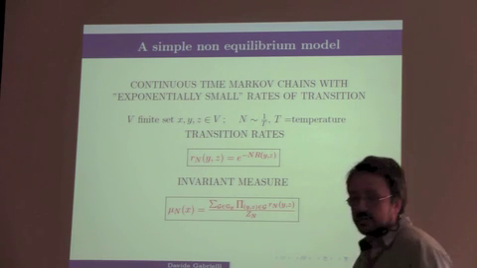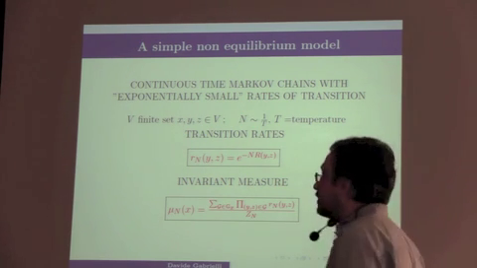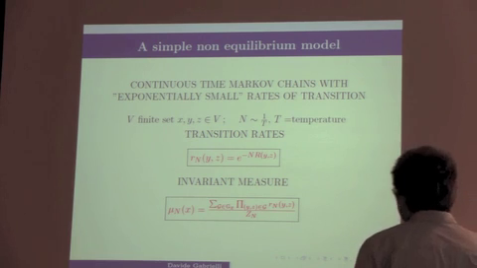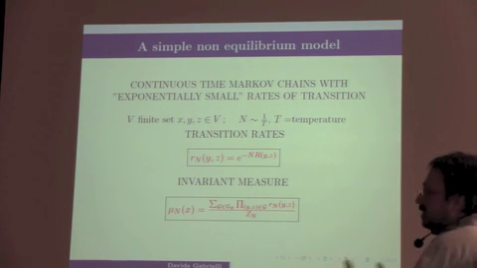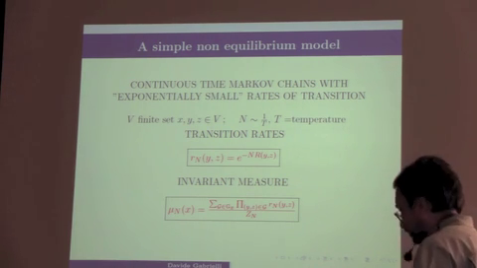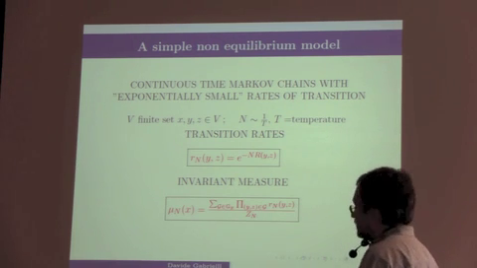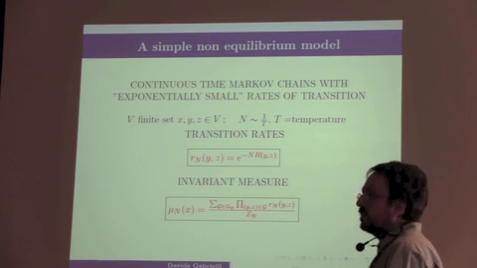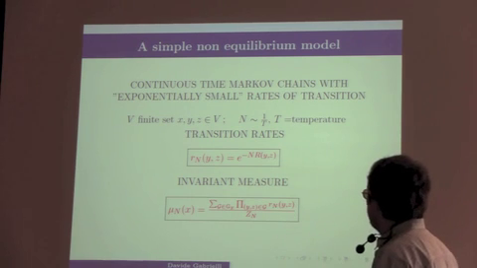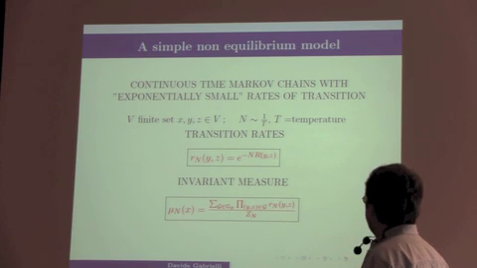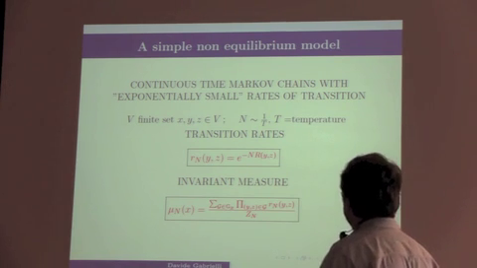Then this is a combinatorial result. There is a combinatorial representation of the invariant measure. The invariant measure is: I let my Markov chain evolve for a given time. If the time is big enough, I look at the probability to be in a fixed point. This probability will be distributed according to the invariant measure.